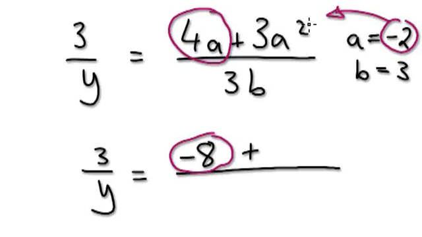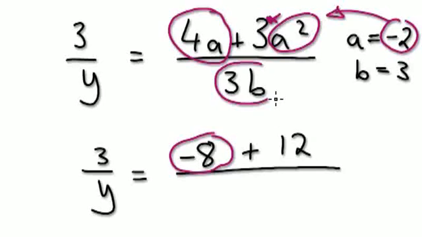Plus, remember we've got to do the power first because it's more important than the multiplying here. So a squared will be minus 2 times minus 2. That will be a positive 4. Positive 4 times 3 would be 12. So it's basically plus 12. And this bit here, we'll put a 3 into the b here.